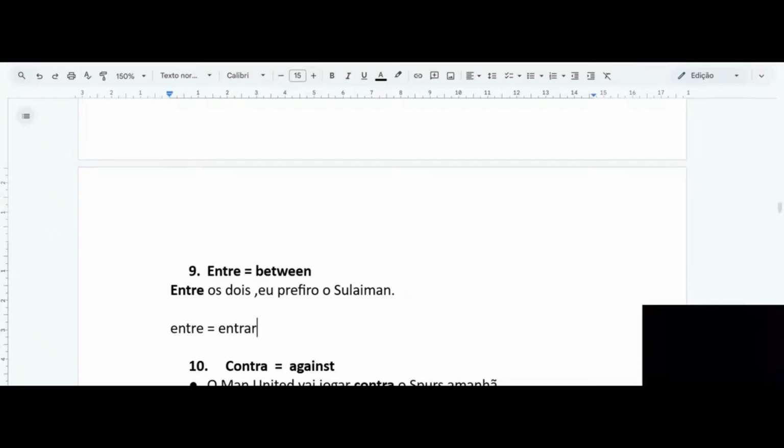It means to enter. We call it affirmative, or in English, you say command. When you're giving a command, we say entre. It means enter. But if it is not a command, a normal word, you say entrar. If someone knocks your door and you want to say the person should enter, you say entre.